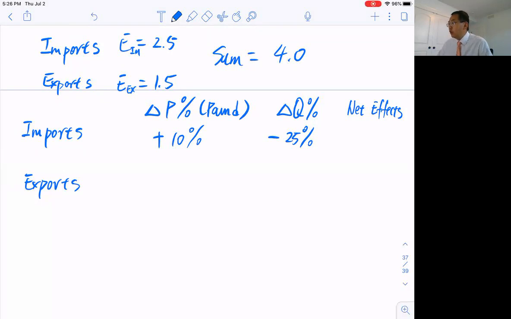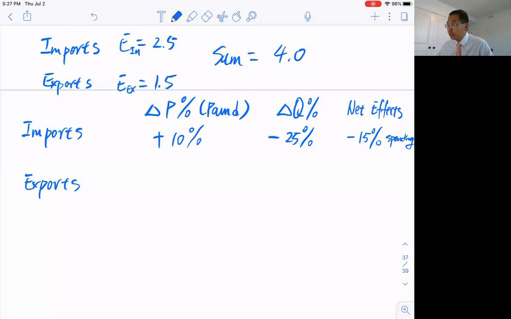So overall then, that means there's a negative 15% spending on imports, right? Because you buy 25% less, but you pay 10% more, so overall you spend 15% less in imports.